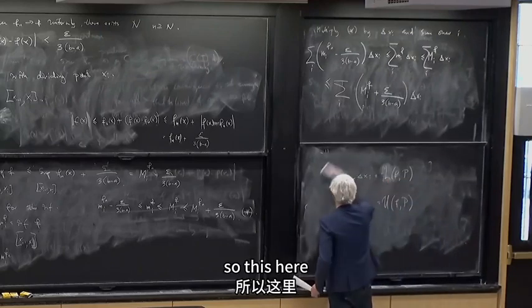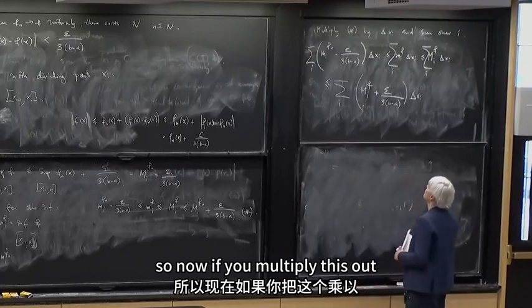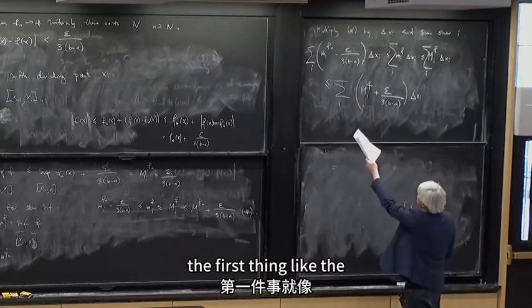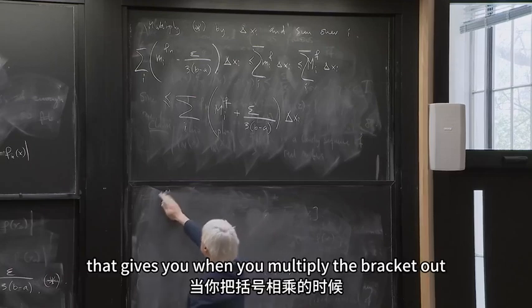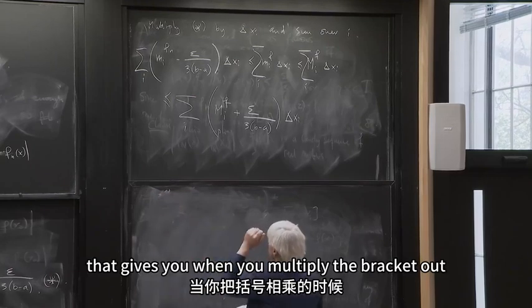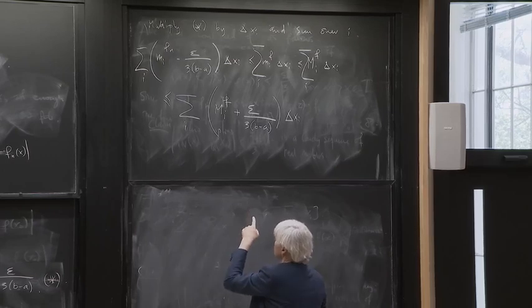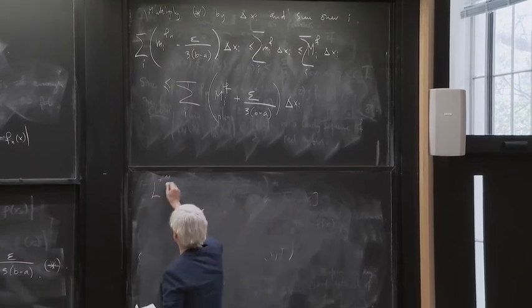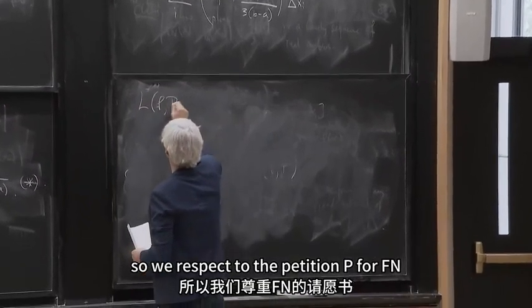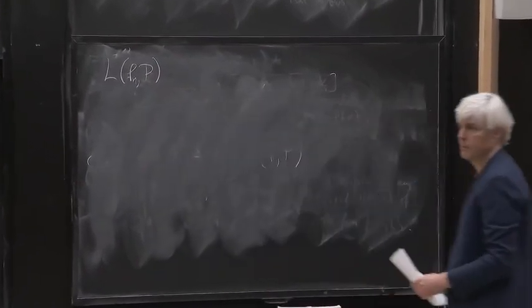So now if you multiply this out, the first thing, the top left corner, when you multiply the bracket out, the first term you get is the m_i f_n times delta x_i. But that is just the lower sum with respect to the partition P for f_n, right?